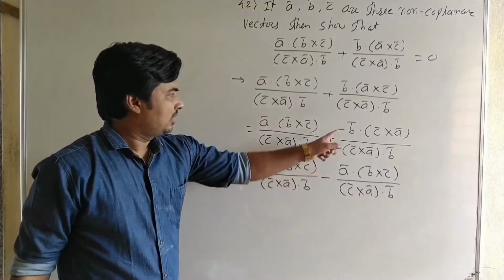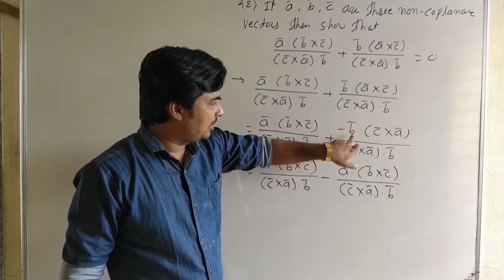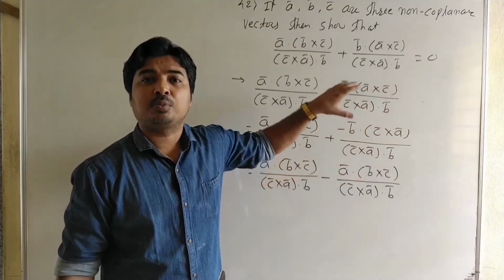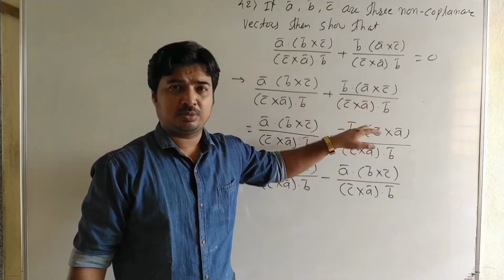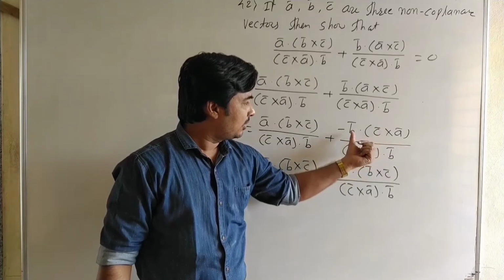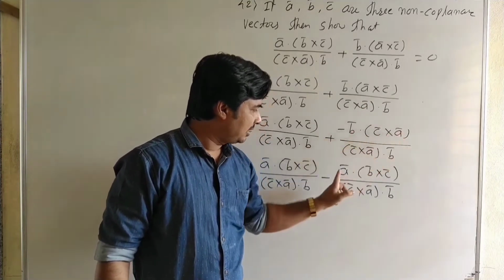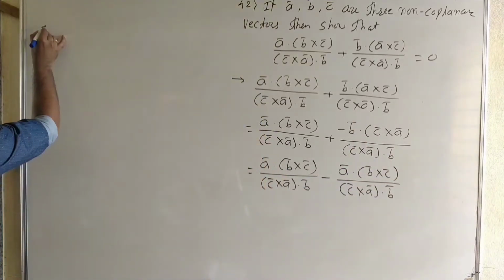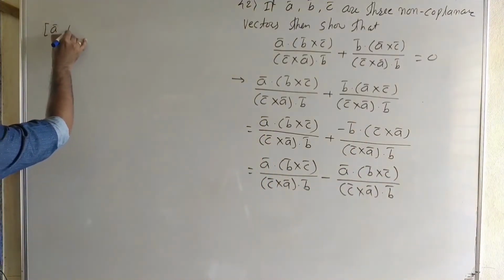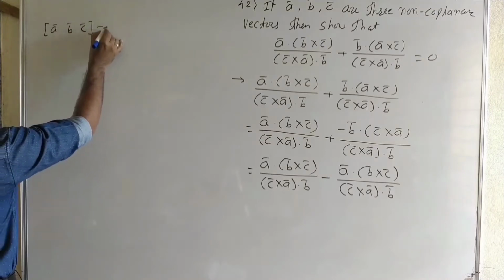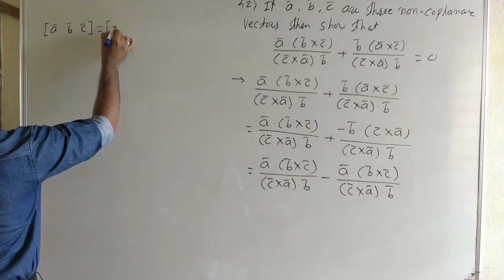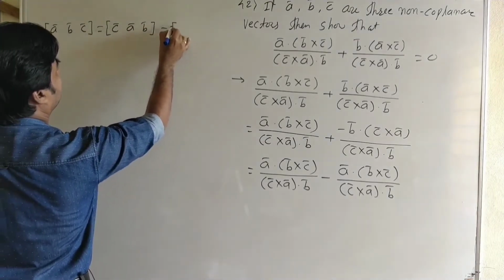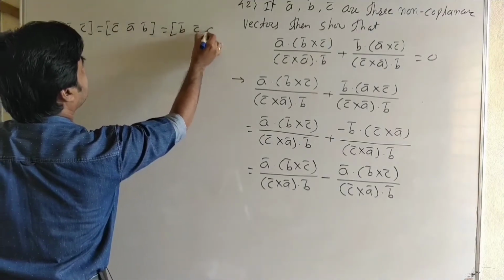Here this minus sign remains, and B bar dot C bar cross A bar, then again by the cyclic property, the double interchange property. By the cyclic property we can write BCA in the form of ABC. The triple product of ABC is equal to the triple product of CAB and is equal to the triple product of BCA.